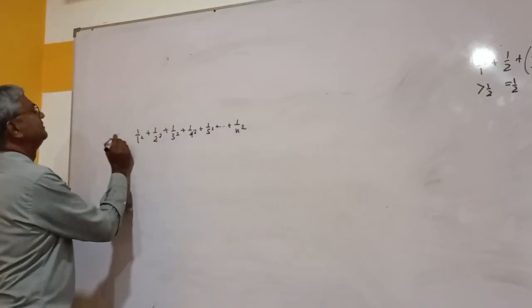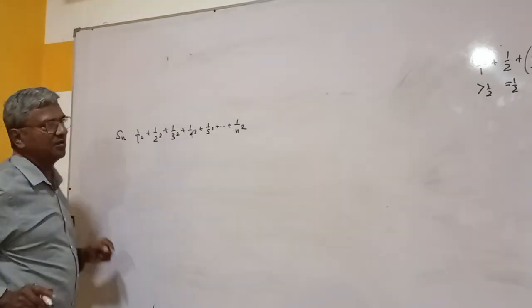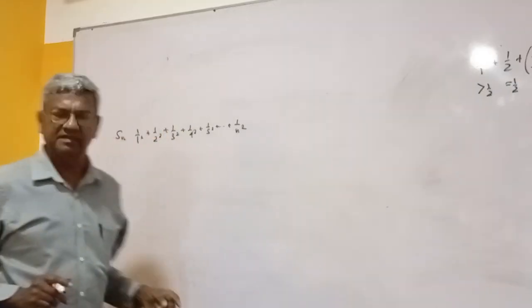This is Sn, no? For sigma 1 over n squared.